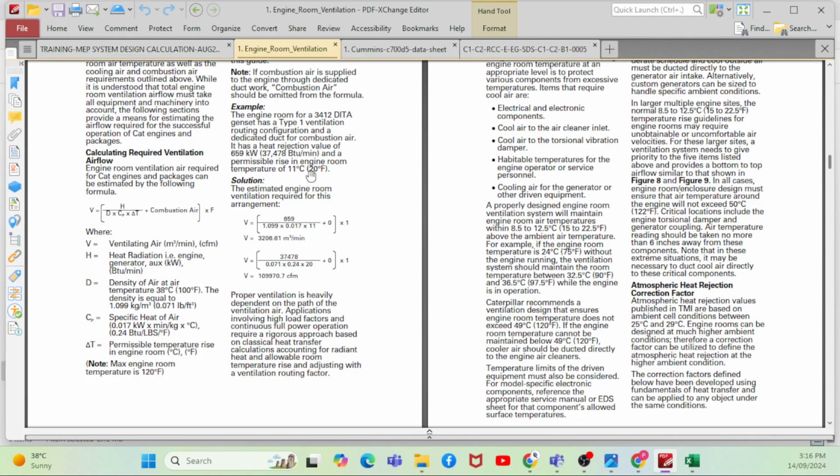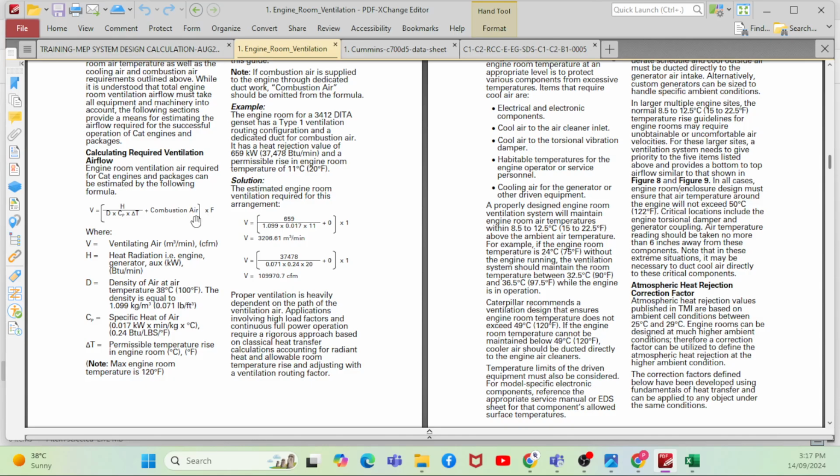If you talk about worst case scenario, it will come as 48 only, because the equation is divided by delta T. The more the value, you will get a lesser flow rate. So if you take 48 degrees Celsius as the temperature, then you will get more airflow rate. So based on that equation only, plus combustion air.